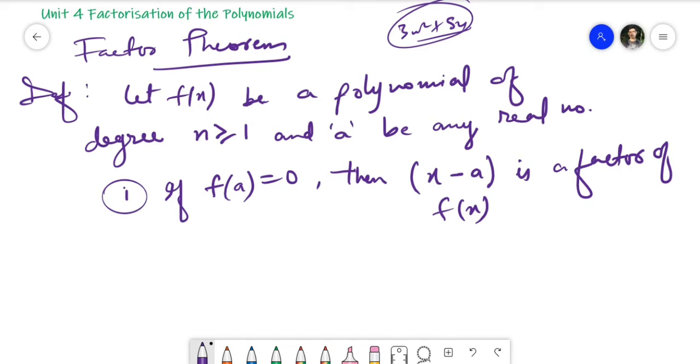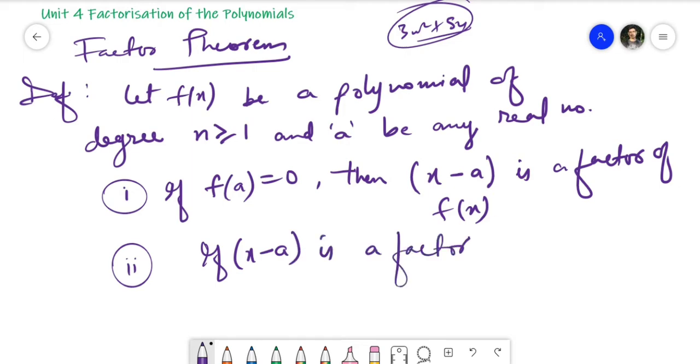So we'll do one, and number 2: if x minus a is a factor of f of x, then f of a is equal to 0.